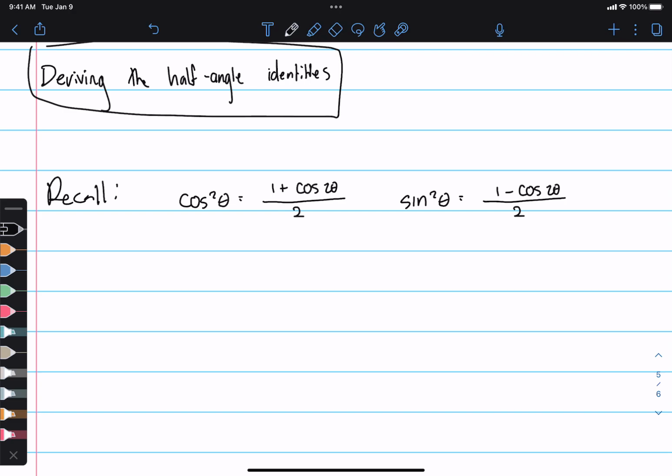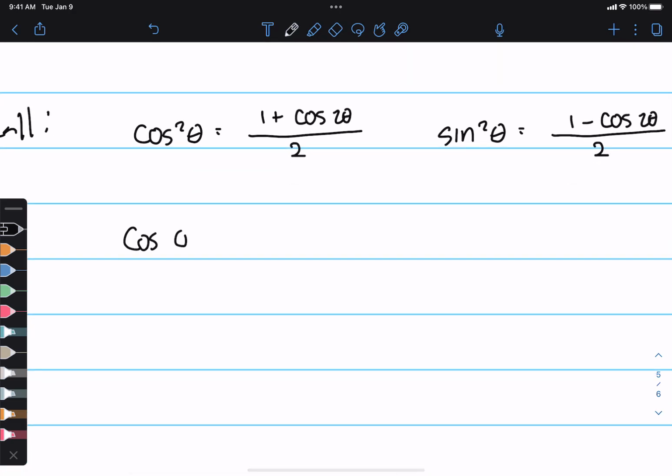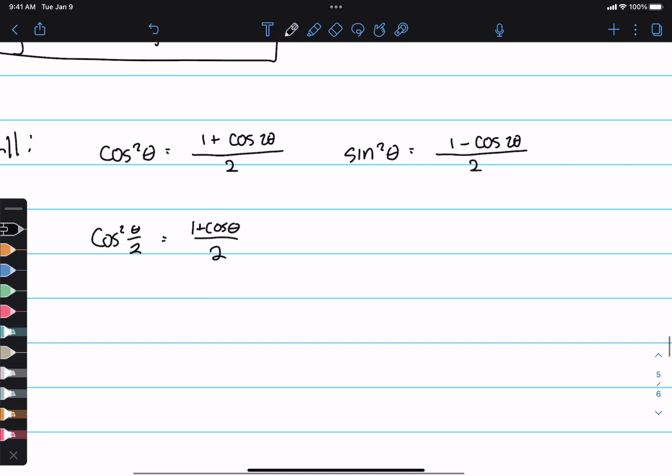So what that means is, if we plug in theta over 2, cosine squared of theta over 2 is going to equal 1 plus cosine of theta over 2, right? Because we plugged in theta over 2. So sine squared of theta over 2, we're just plugging theta over 2 in wherever we see theta, and we get 1 minus cosine of theta over 2, right?